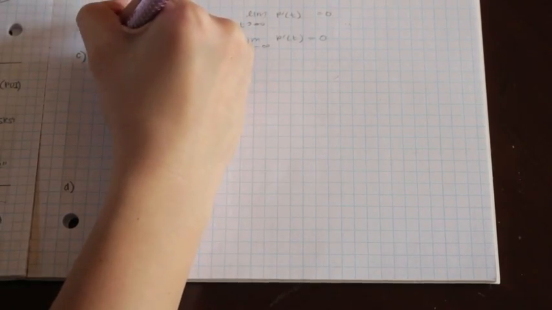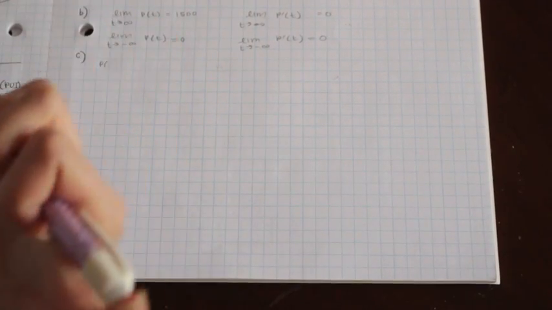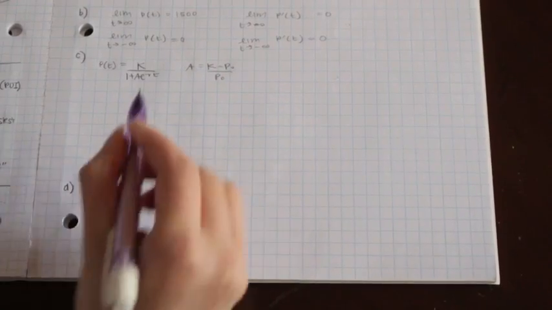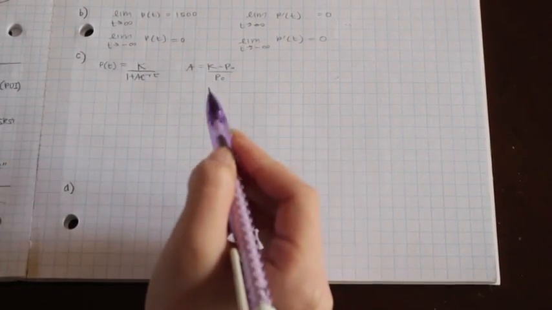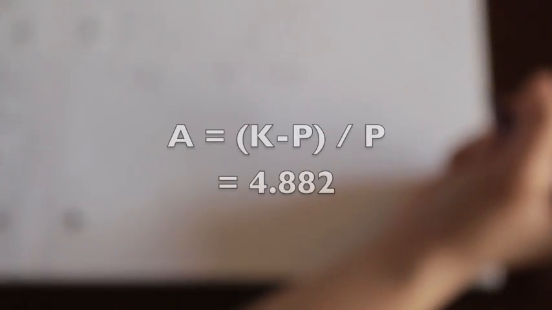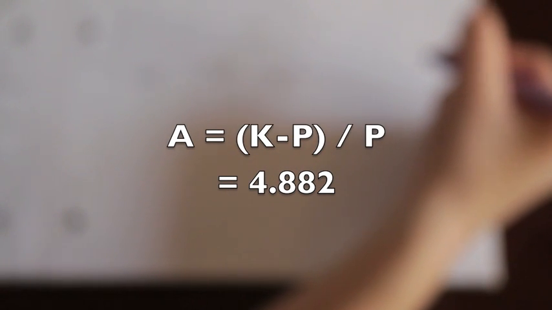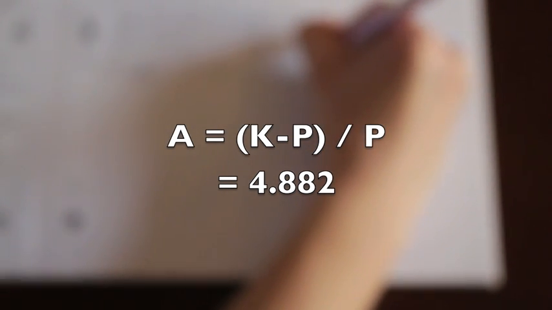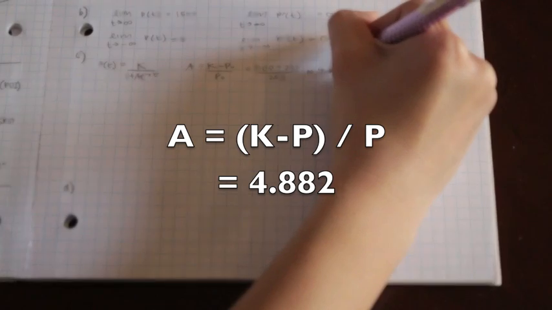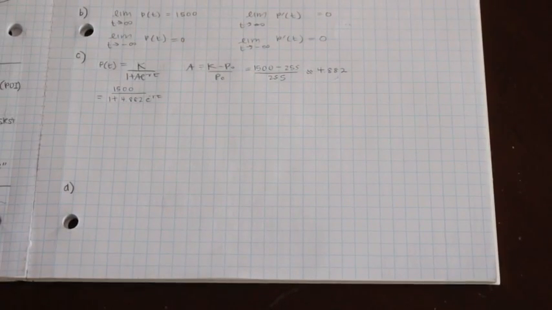Now part C is asking us to solve for p of t. So we're going to refer back to the formula we solved for earlier. Now we know our k value, and we can solve for our a value, and that is about 4.882. So let's plug everything in. Now from here we can solve for r by using p of 1.